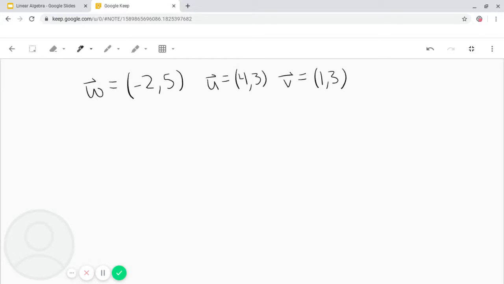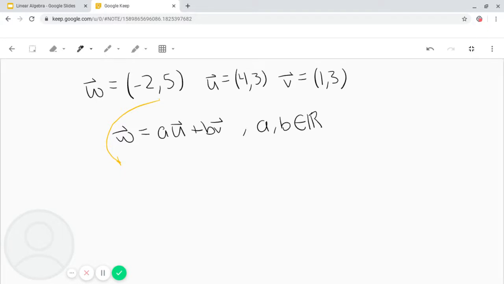So what we're going to do is write out that expression, where a and b are real numbers. So then we can just plug in the vectors.